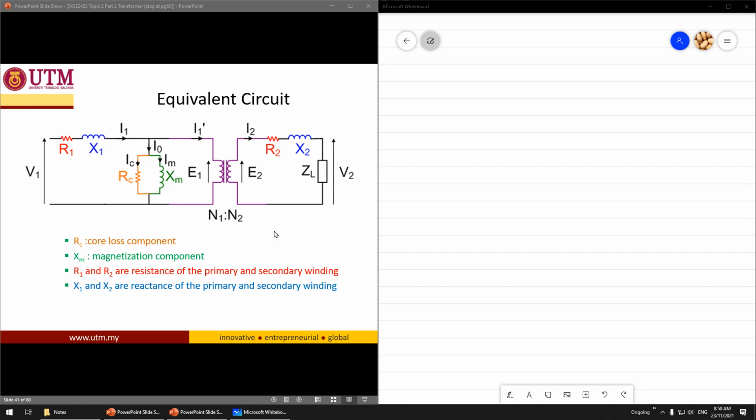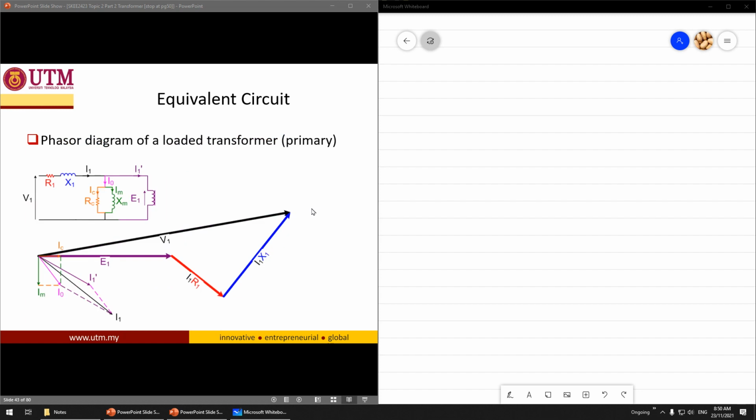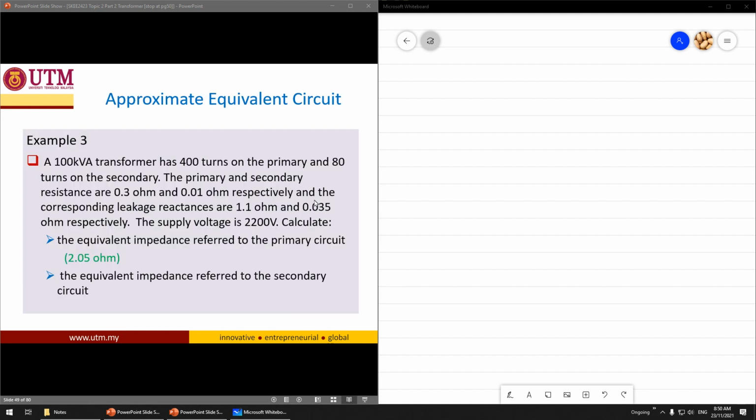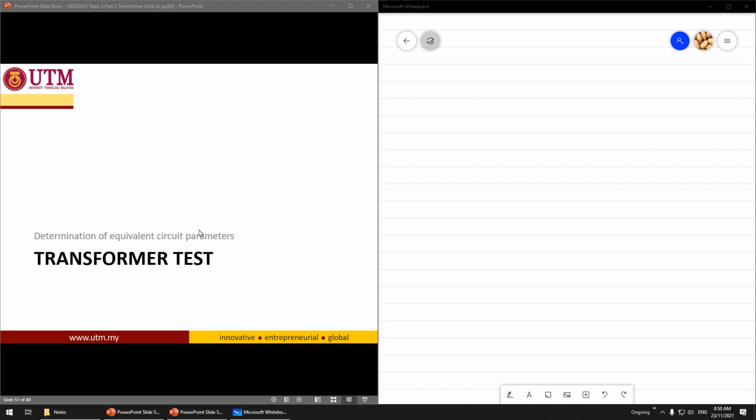So how to determine these? Basically you have to do two tests. From these two tests you can find all the parameters: R1, R2, which is R equivalent, X1, X2, which is equivalent reactance, and XM.